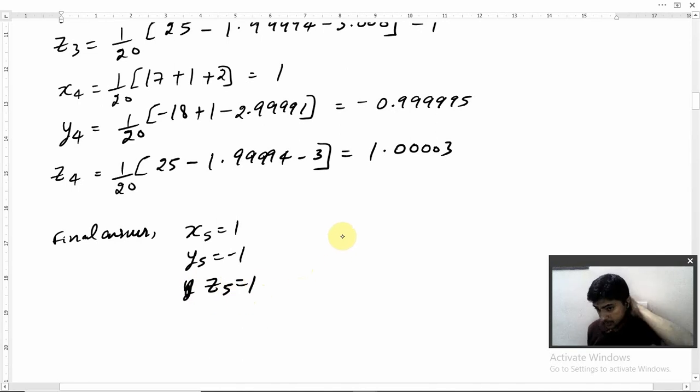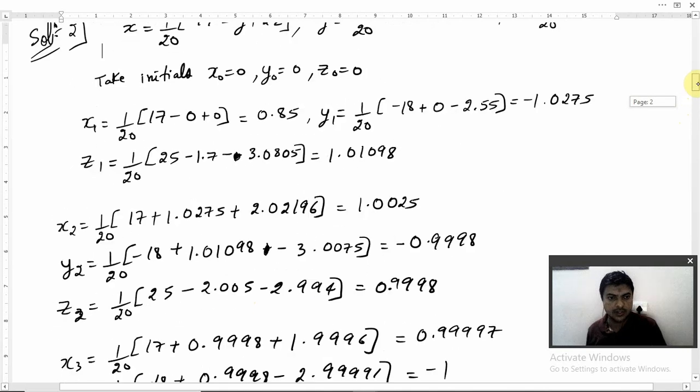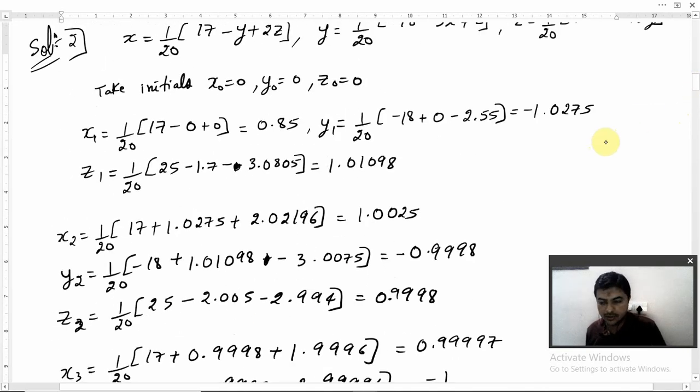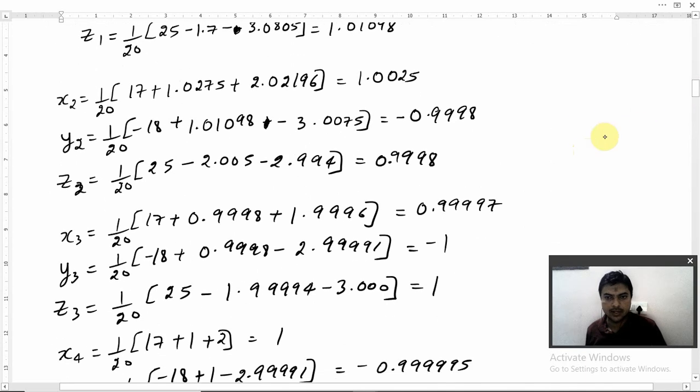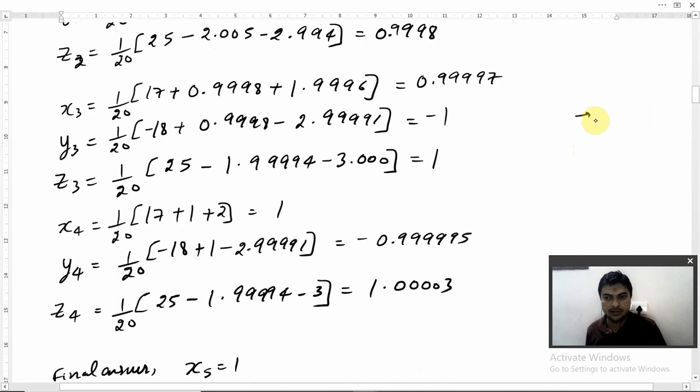So you can see, if you write the first iteration, the marks distribution I am going to discuss here. If you write the first iteration, you will get 1 mark, correct. If you write second iteration, you will get 2 marks. If you write third iteration, you will get 3 marks, and if you write fourth iteration, you will get 4 marks.